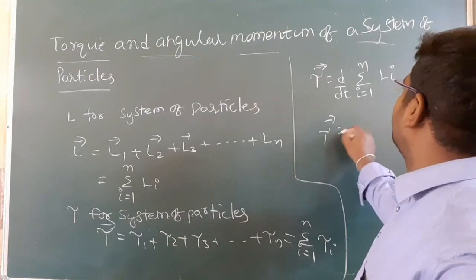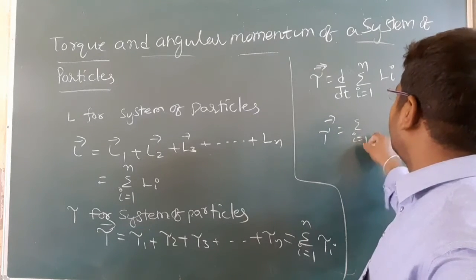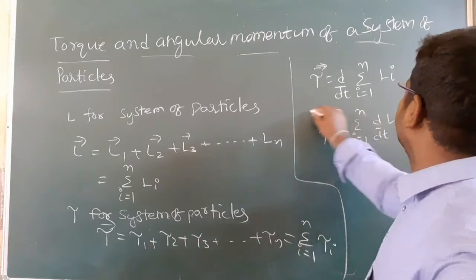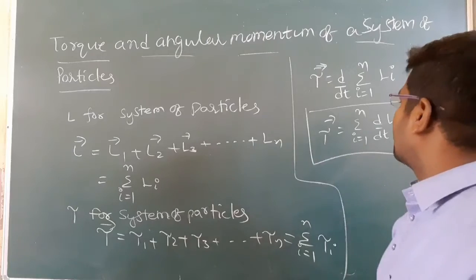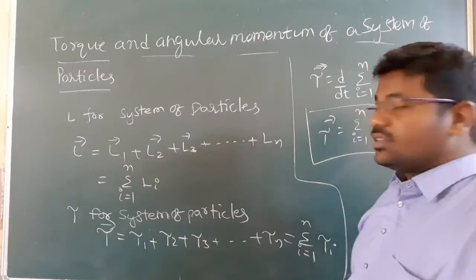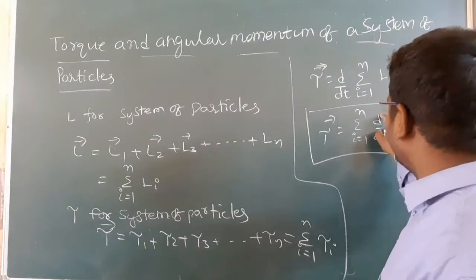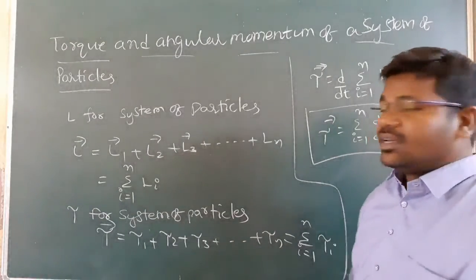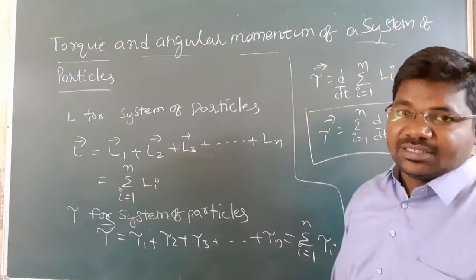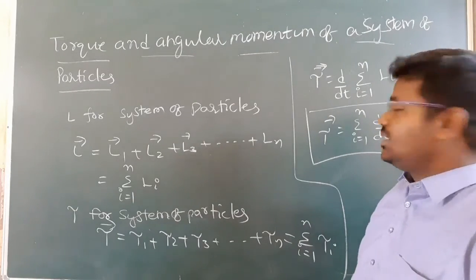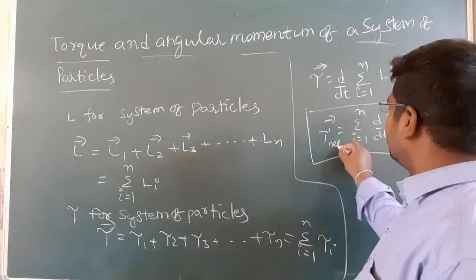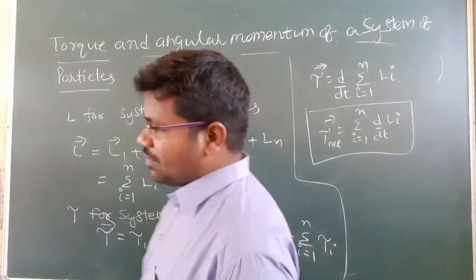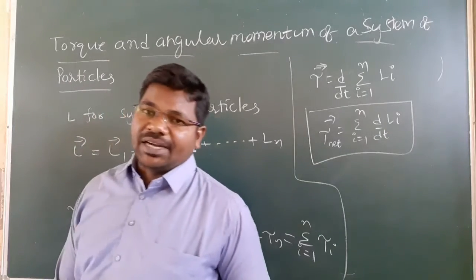Tau is equal to summation i is equal to 1 to n of d by dt of Li. So the rate of change of the sum of the angular momentum is equal to the net torque. Understand? Net torque. Okay, this is about torque and angular momentum of a system of particles.